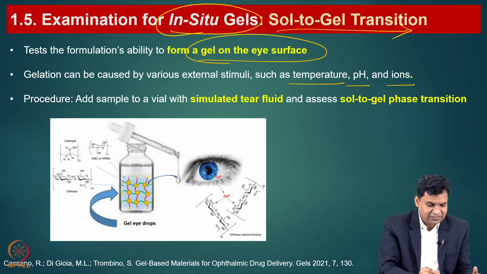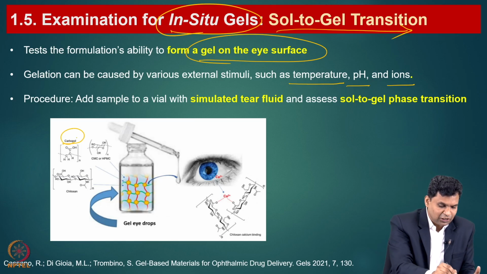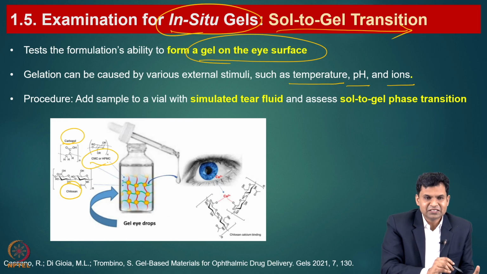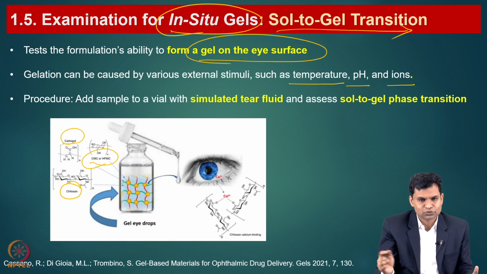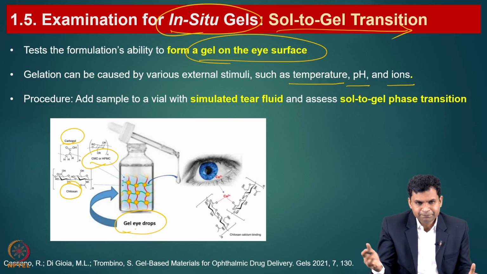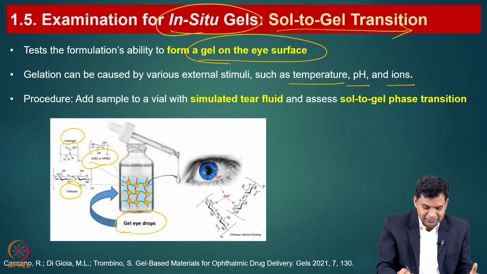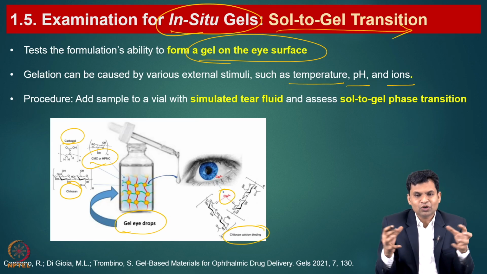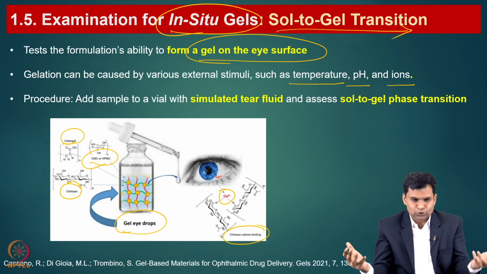Here is one formulation which contains carbopol as well as chitosan, carboxymethyl cellulose and hydroxypropyl methyl cellulose. Using these we can make the solution form, and after addition it undergoes cross linking. Calcium ions help with the cross linking of the chitosan solution.